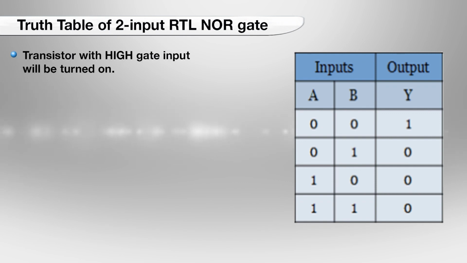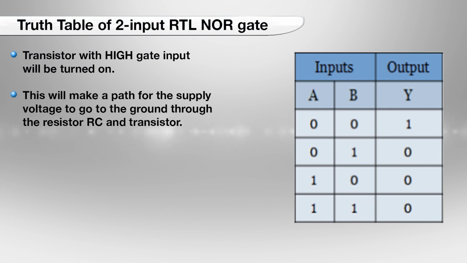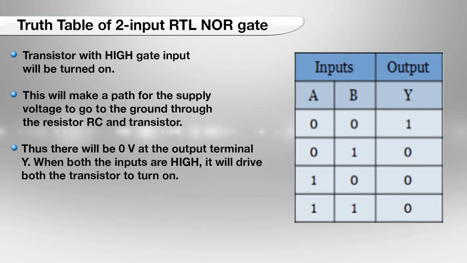The transistor with high input will be turned on. This will make a path for the supply voltage to go to the ground through the resistor RC and the transistor. Thus, there will be 0 volt at the output terminal Y. When both inputs are high, both transistors are turned on.